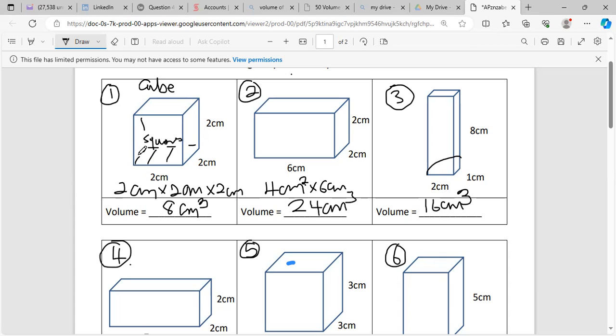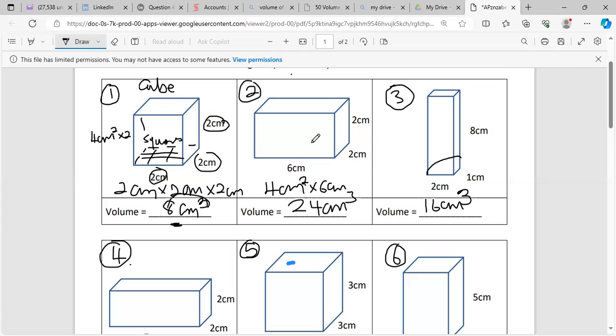So this would be 2 multiplied by 2, which gives us 4 centimeters square for the area of the square on the base, but we have to times it by the height to get the volume. So we times it by 2, which gives us 8 centimeters cubed.